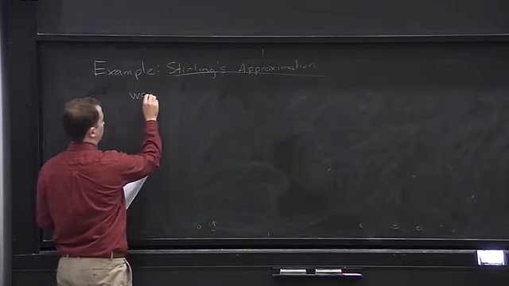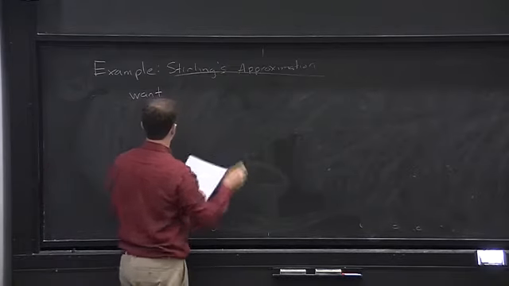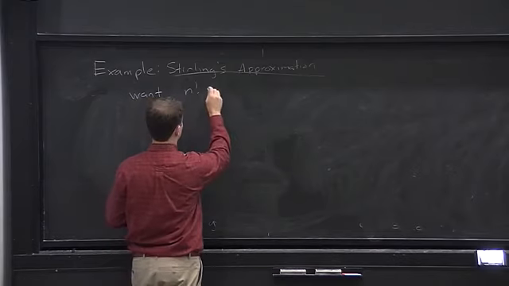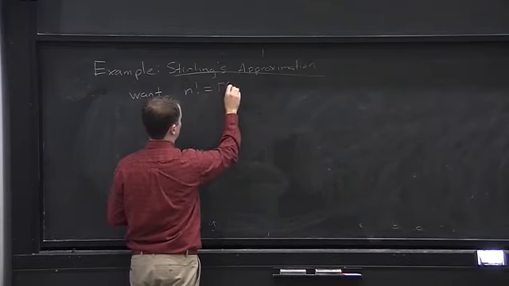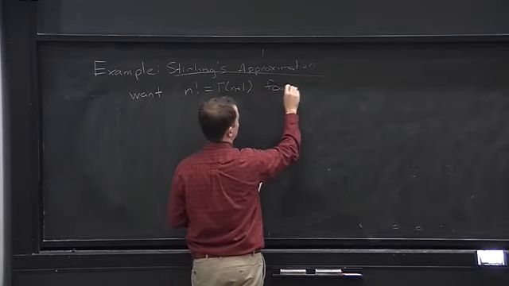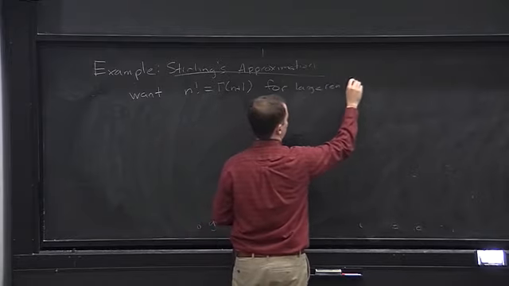So what we're trying to calculate in Stirling's approximation is the approximate value of n factorial, or gamma of n plus 1, for large real n.